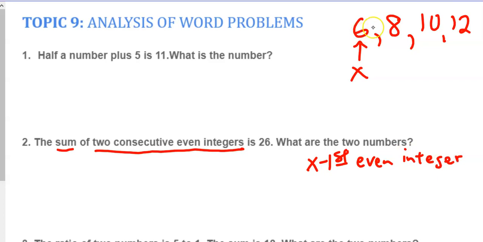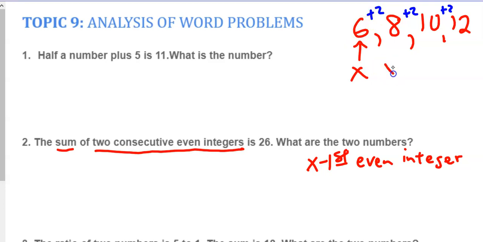Now let's look at the pattern of these even numbers. Whatever this starting point is, to get to the next one, hopefully you see that I am adding 2 to that. To get from 8 to 10, I add 2 to 8. And that pattern continues. So to get from the very first one, which we don't know what that is, but we do know it's x, I have to take the first even integer and add 2 to it.